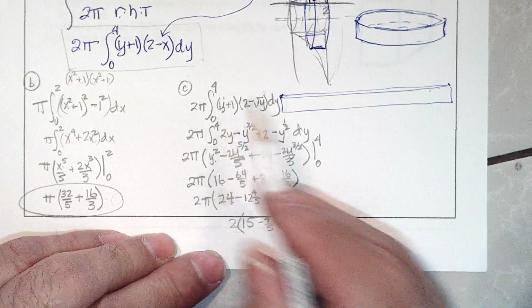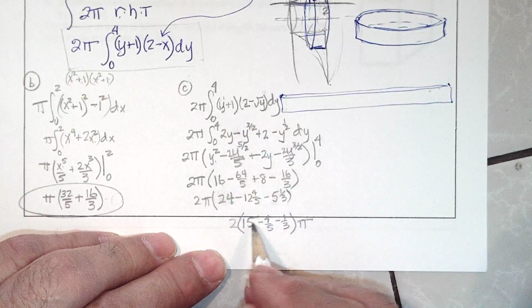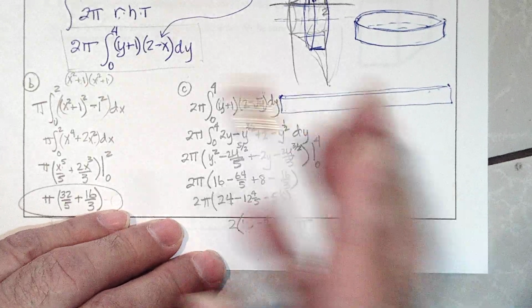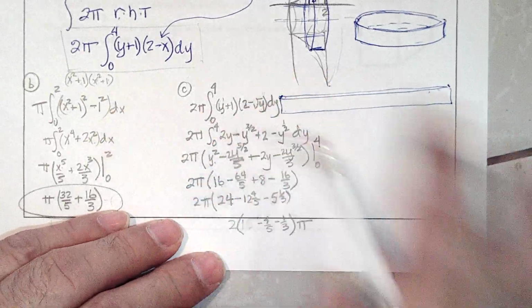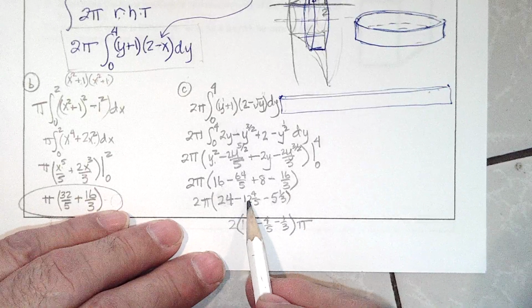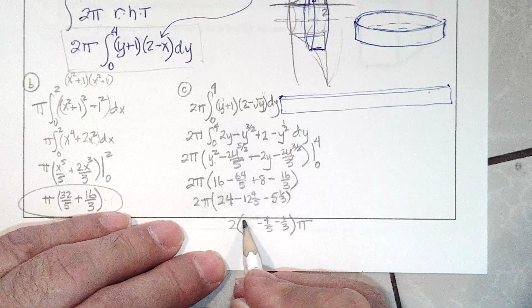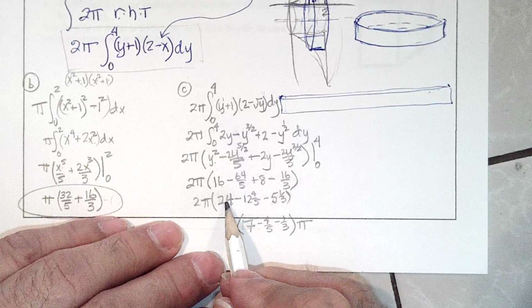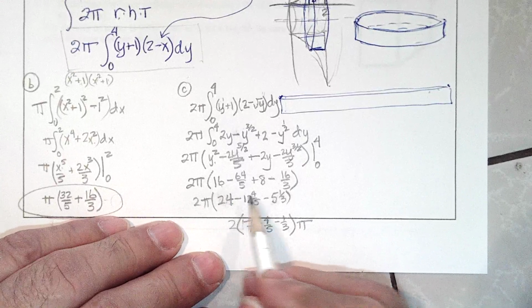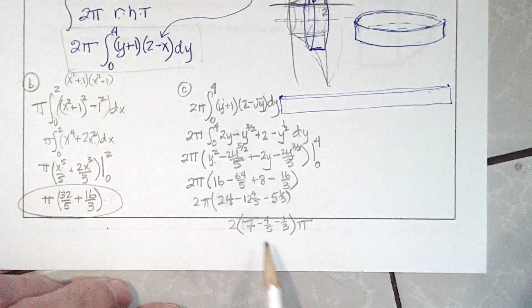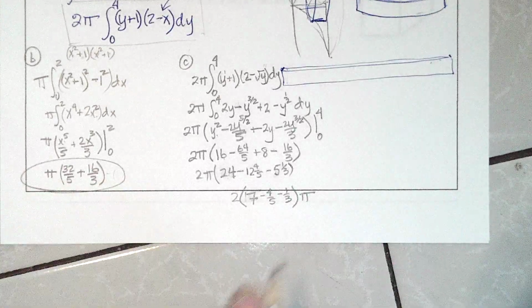Yeah, 2y, yeah. 24. How did I get 15? Oh, 24 minus 12 is 12. Minus 5 is 7. There we go. This is better.